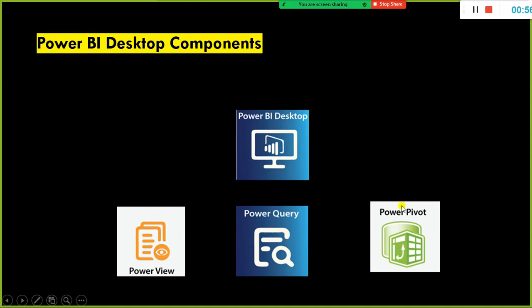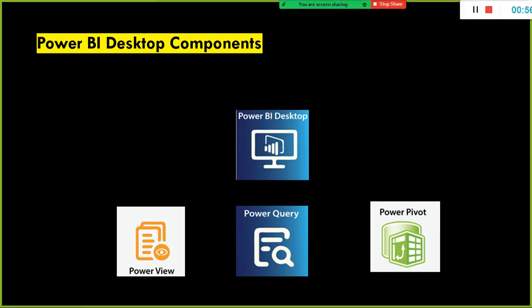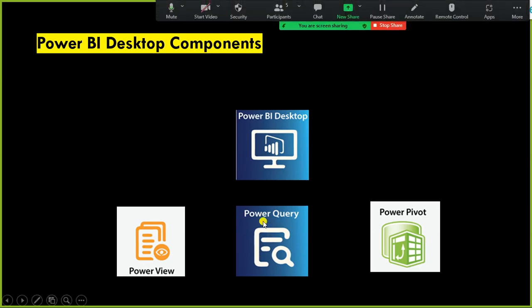Once you pre-process data, you need to do the data modeling. It is something like a blueprint. Before you construct a building, you need to have the blueprint, isn't it? Think of Power Query like your kitchen. Let's say you bought your vegetables and meat, and you take it to your kitchen and you clean it. First you clean everything, and then you put masala and all the required recipes and mix it, and only then you go and cook it, right?